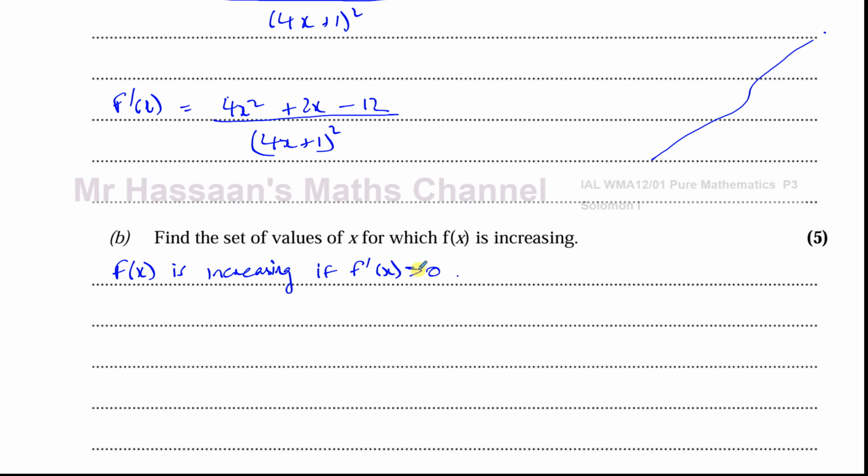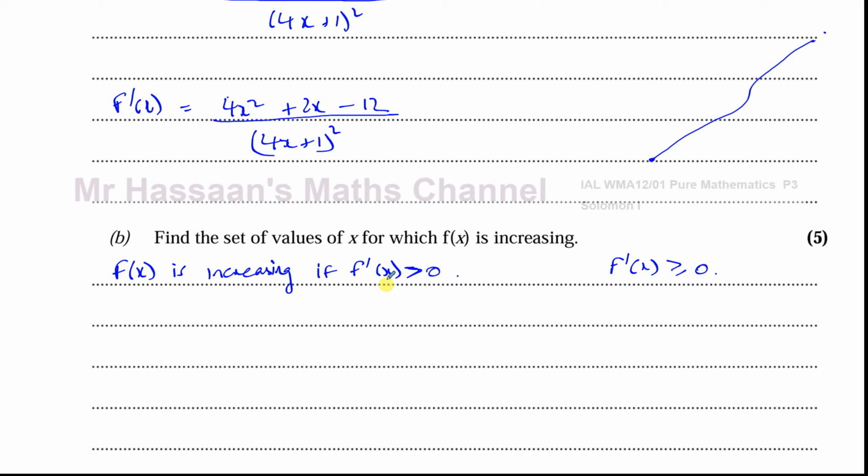Some schools of thought will also say if f dash of x is greater than or equal to 0, including the equal sign. Between these two points it's increasing because the gradient is higher there than it was there, so the whole time it's been increasing.